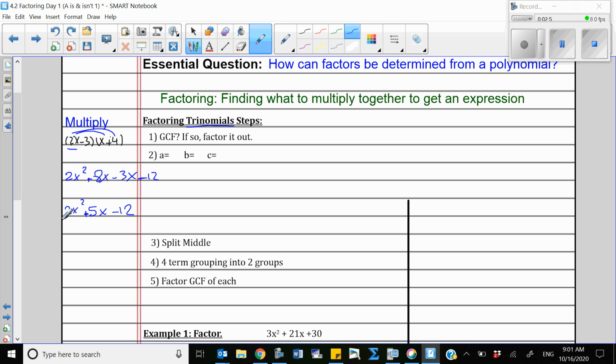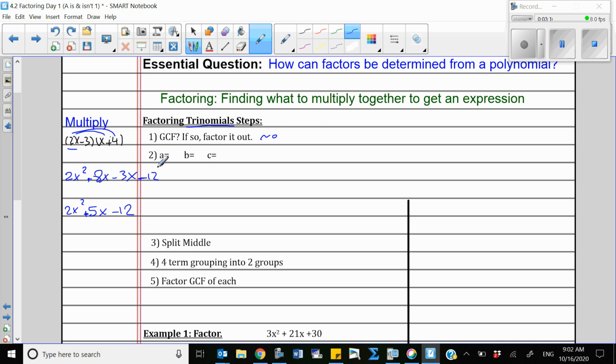No, because this one is 2 and 12. They both are divisible by 2, but 5 is not divisible by 2. So looking at the coefficients, there is no common factor. And also looking at the variables, x squared, x, and this one doesn't have anything. So there's nothing in common between them. So in this case, there is no GCF.